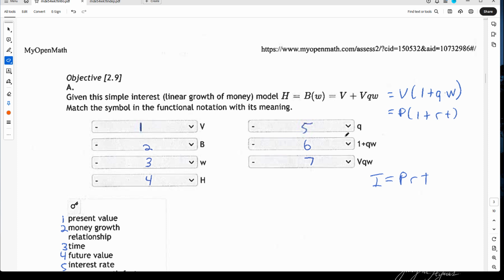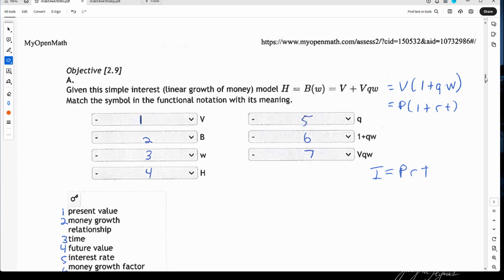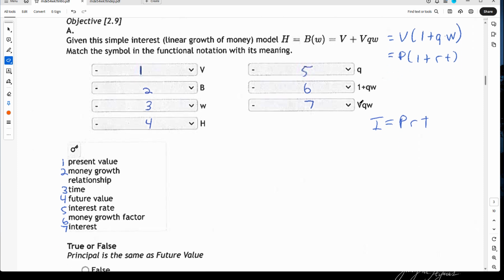You can identify what it is. 4, H is the future value. 6 here, you can factor that out, and now you have that money growth factor. And 7 here is the interest, I is equal to PRT.